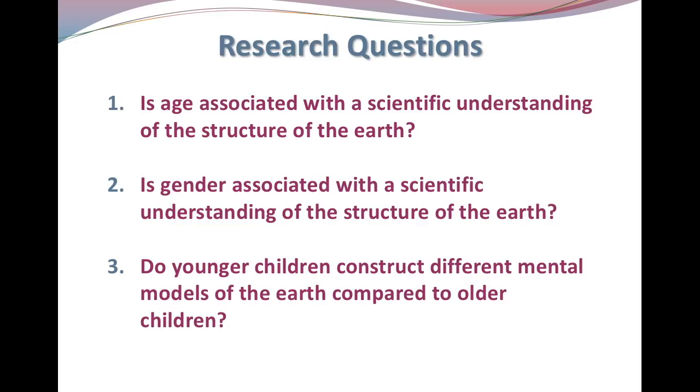You might have said, for example, a higher proportion of older children would endorse a sphere model of the Earth when compared to younger children. So why don't we explore that research question first?